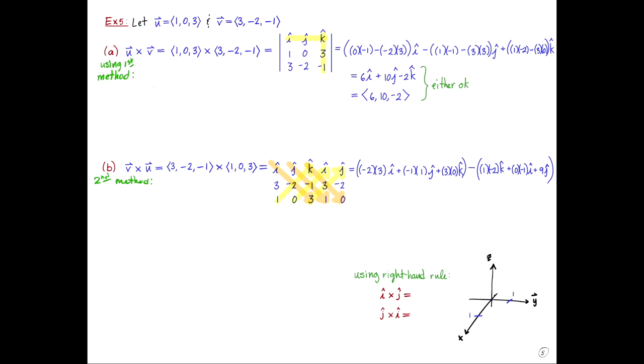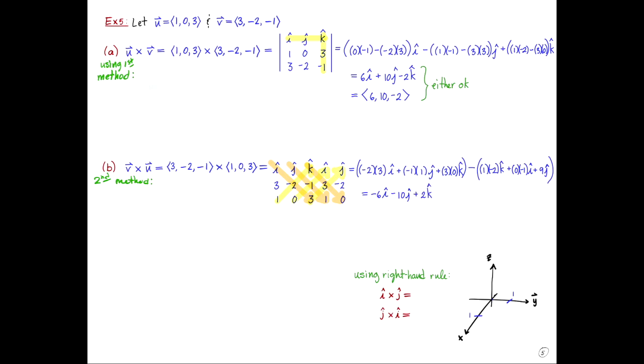Simplifying and grouping together our terms with an i, we have -6 minus 0, which is equal to a -6 times i. For our j terms, we have -1j minus 9j, giving us -10j. For our k terms, we have 0k minus a -2k, giving us plus 2k.